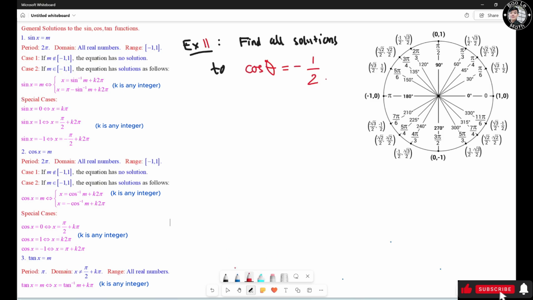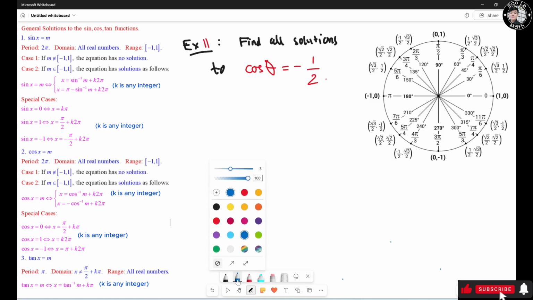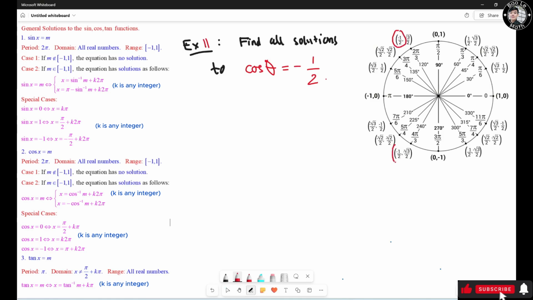Now let's look at example number 11. Find all solutions to the equation cosine theta equals -1/2. So we look at the unit circle. We need to find the x-coordinate that equals -1/2. So it's going to be this one right here and this one right here. So the angle must be 2 pi over 3 and 4 pi over 3.